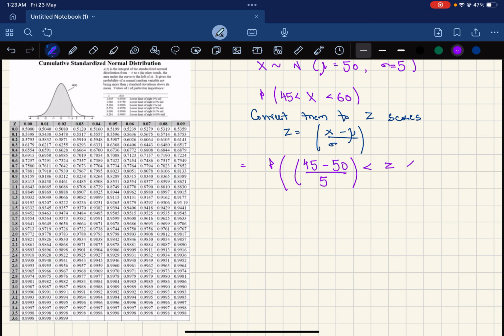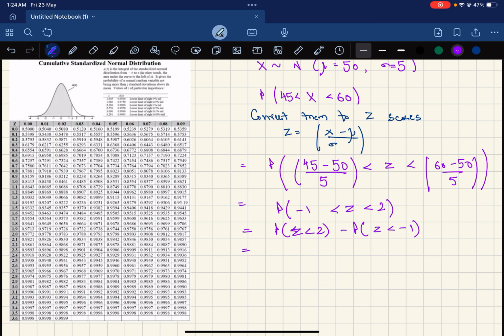We are converting x to z, so I have replaced x with z here, and similarly (60 minus 50) upon 5. This is given as P of minus 1 to 2. Now this can be calculated as P(z less than 2) minus P(z less than minus 1).